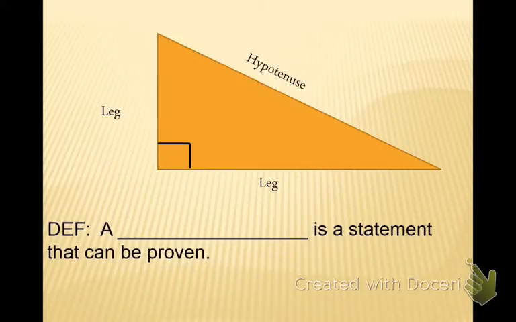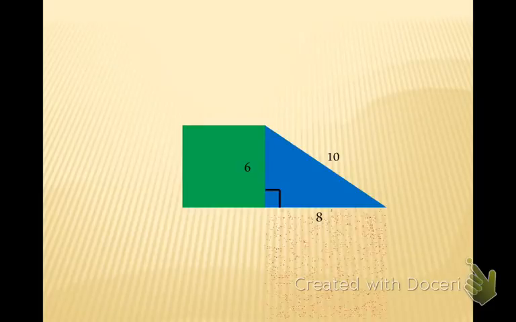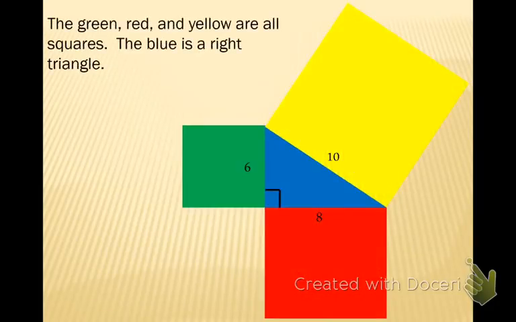A theorem is a statement that can be proven. All right, these aren't matching up, are they? All right, that's what we talked about in the puzzle.